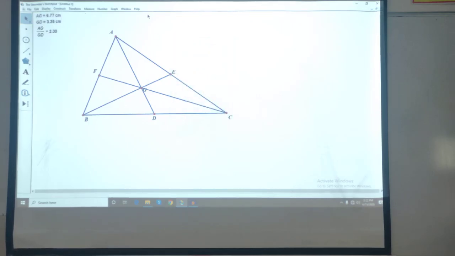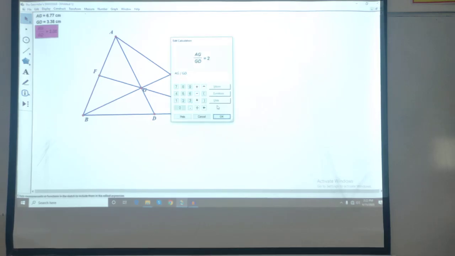Some of you are thinking that it is 6.77 and 3.38, so how does it come out to be 2? For your information, when I calculate AG and remove the rounding, you can see what is happening here.